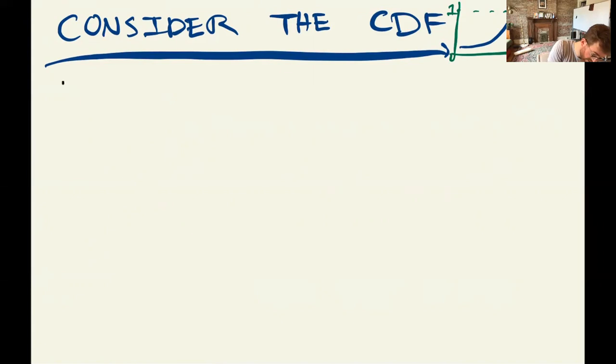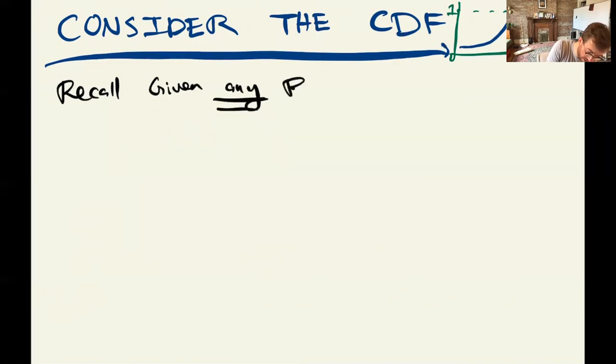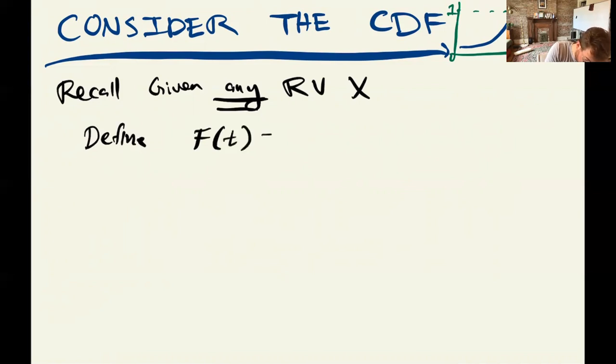So recall that given any random variable x, using either the probability mass function or the PDF, we can define F of t to equal the probability that x is less than or equal to t.